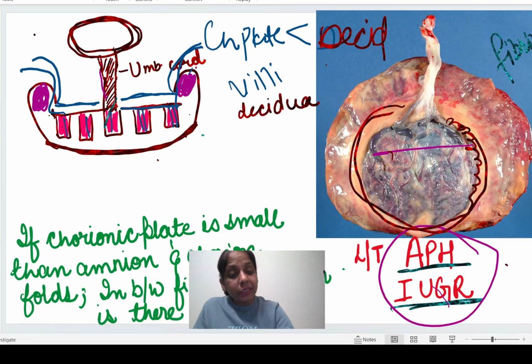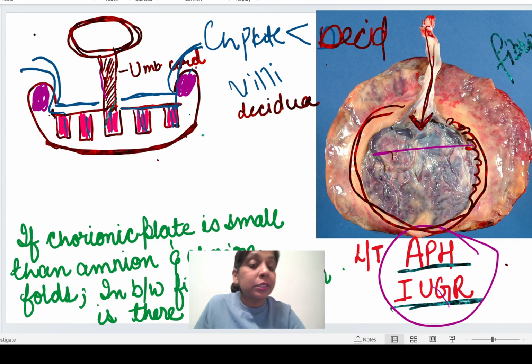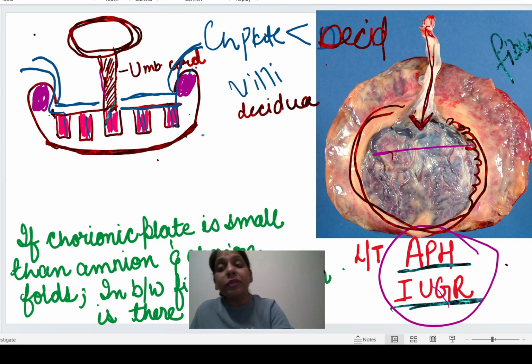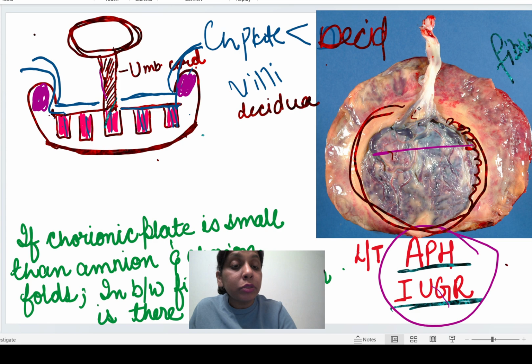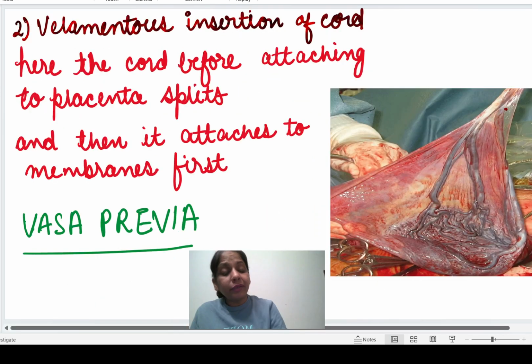As you can see in this placenta, the umbilical cord is inserted and the Wharton's jelly is there up till here. What if the Wharton's jelly is not there? Then the vessels will be exposed, so the vessels will separate beforehand.